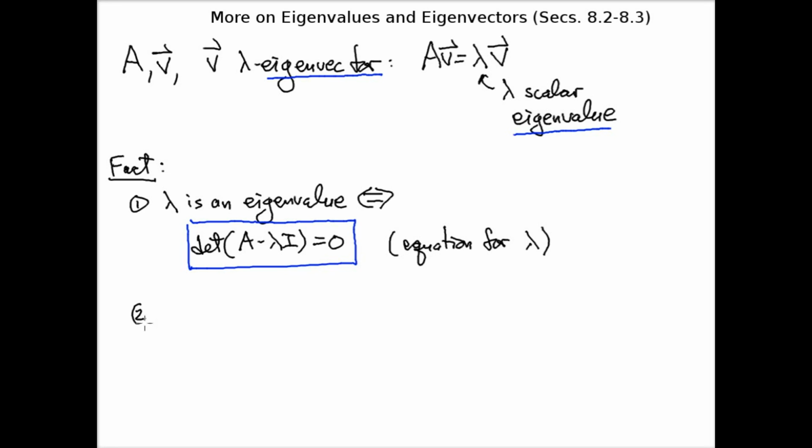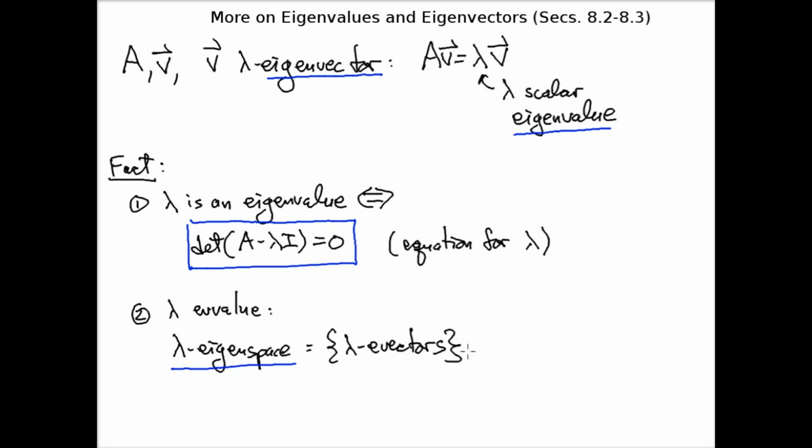And second of all, if lambda is an eigenvalue, then the lambda eigenspace is the set of lambda eigenvectors, and this is a subspace of the vector space.